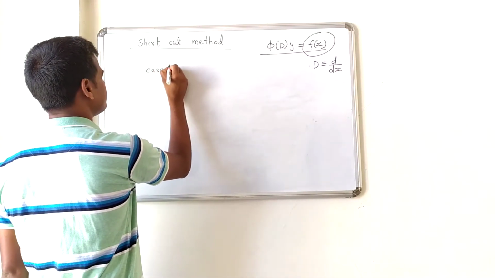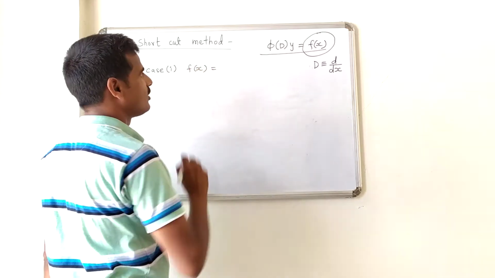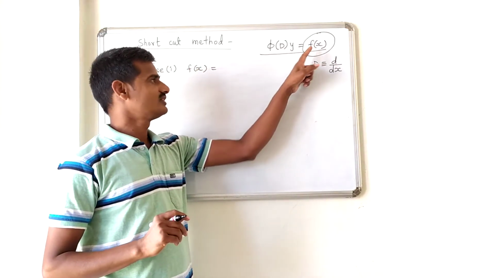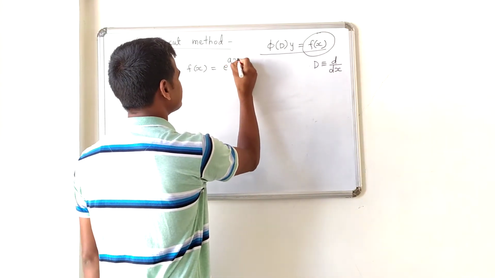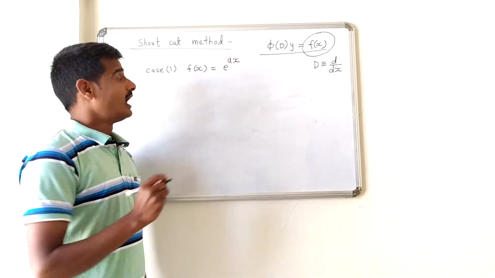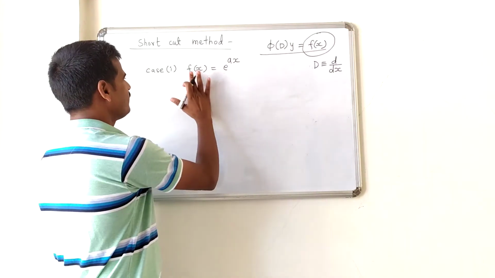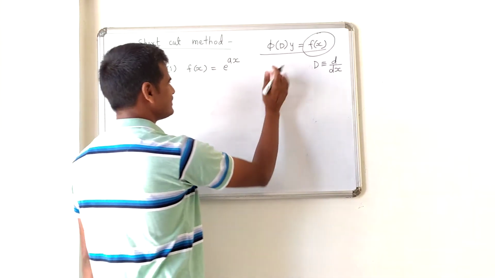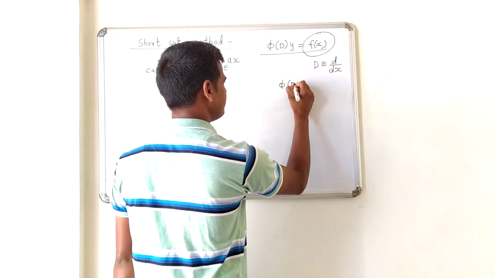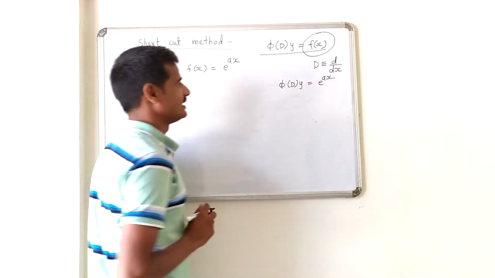Case number 1: if the function on the right hand side, that is f of x, is equal to e to the power ax, that is an exponential function, where a is any constant. So your differential equation will look like phi of D into y is equal to e to the power ax.